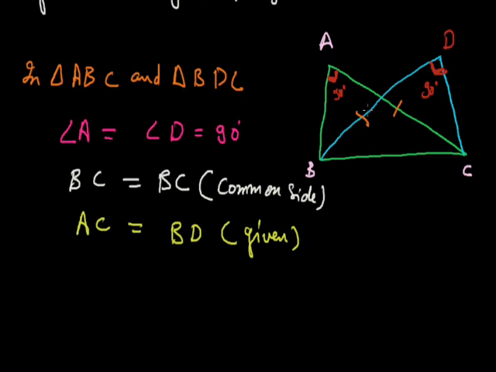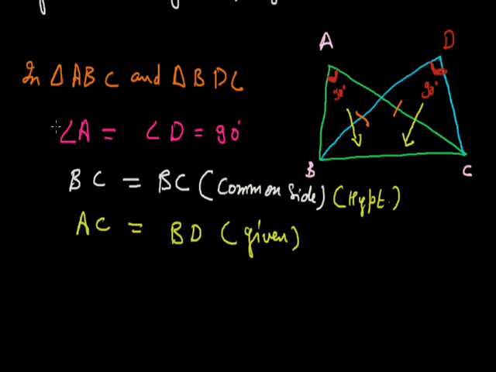Now if you carefully see, BC is the hypotenuse of triangle ABC, since it is opposite to the 90 degree angle. Also in triangle BDC, BC is again opposite to the 90 degree angle. That means BC is the hypotenuse in triangle ABC and it is also the hypotenuse in triangle BDC. So we can write it here hypotenuse.